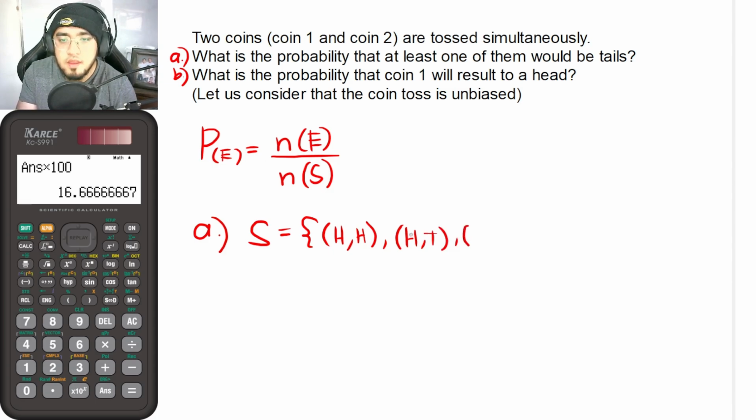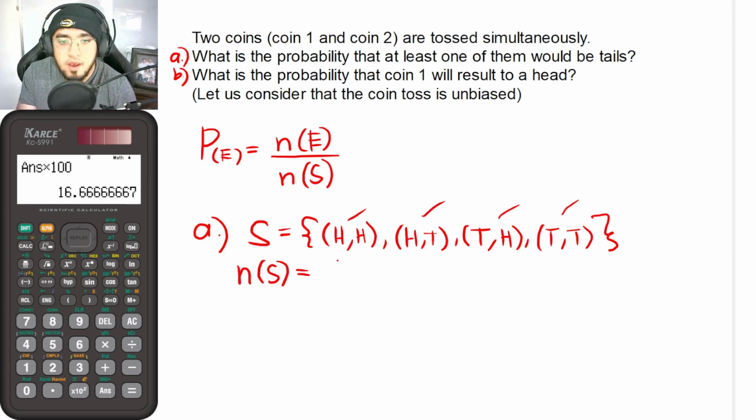Then listing everything, aside from these possibilities, we also have a possibility that the first coin will be tails and the second coin will be heads. And lastly, there is also a probability that the first coin would be tails and the second coin would also be tails. Okay, so from that itself, the number of total outcomes in the sample space would be 1, 2, 3, and 4. So we have 4.